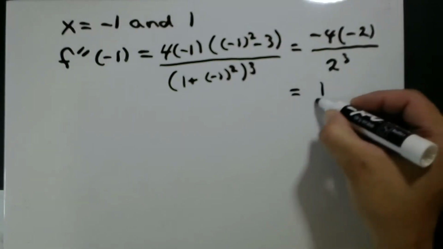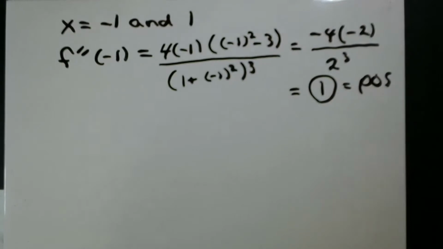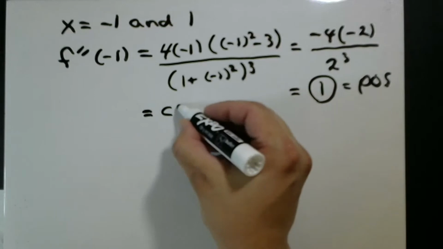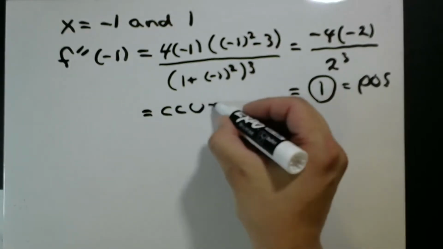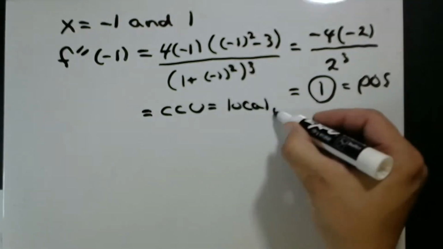And this will turn out to be positive 1. So this is positive. So that's going to mean concave up or a local minimum.